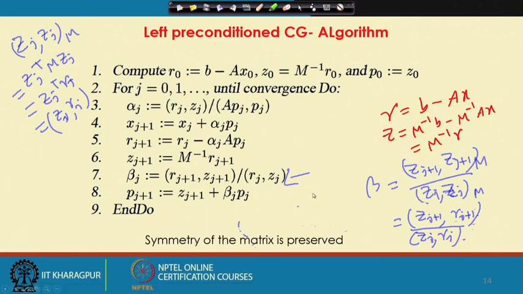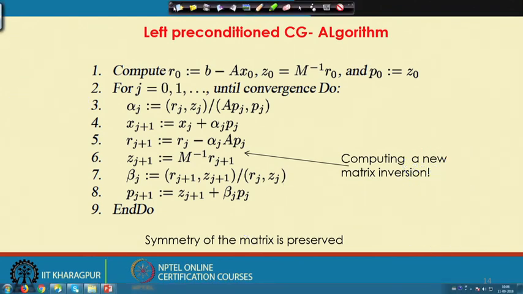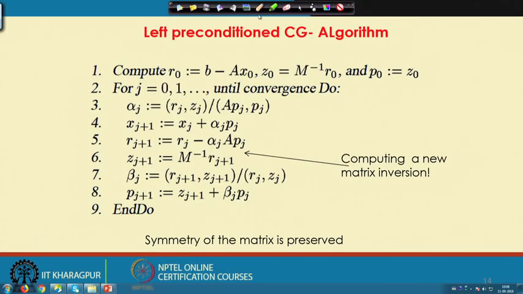So, what we see is that the symmetry of the matrix is preserved, that is how M is chosen, so that M inverse A is symmetric, and the solution is essentially very similar to the older conjugate gradient method. However, a new matrix inversion is added.